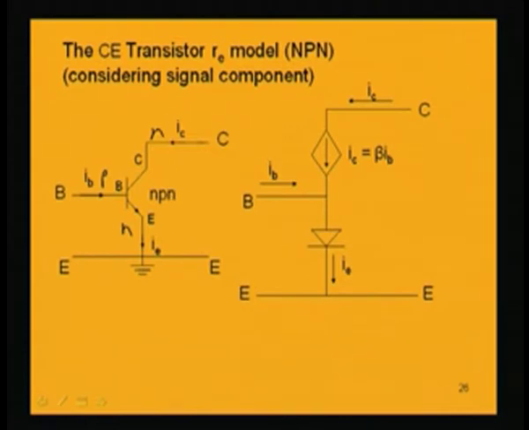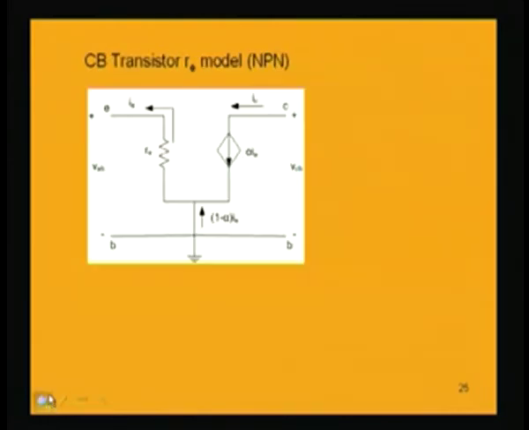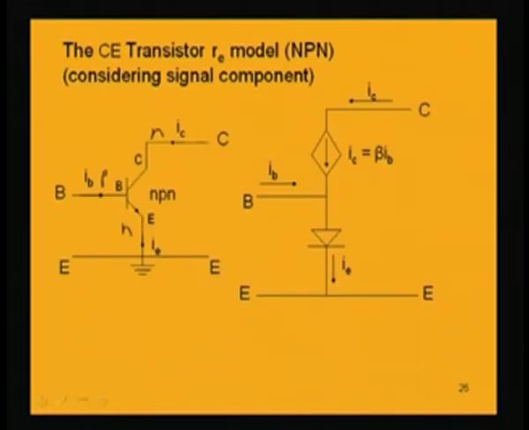In the earlier case, for common base transistor, this point was grounded, which was common between input and output, but here this point is connected. So, the current flowing through this diode is emitter current IE, this current is IB, the input current, this current is the collector current, both are joining at this point. So, total current IB plus IC is the emitter current.